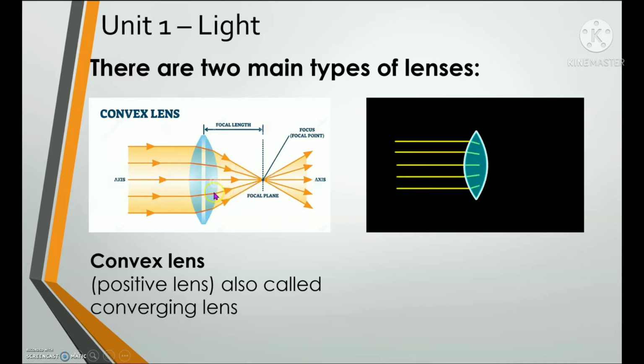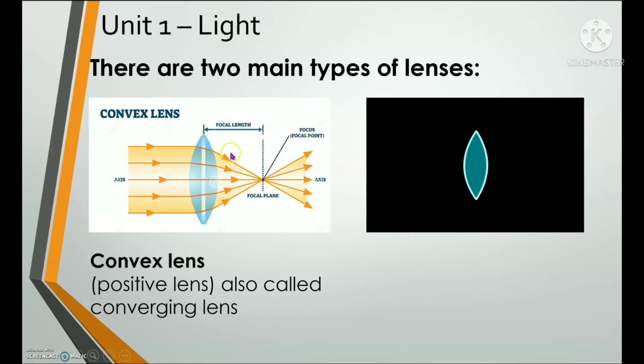Okay, the lights bend inward to a single point, which is called a focal point. Again, when the light rays or the parallel lines enter or pass a convex lens, the light is bent, or converges, into a single point, which is called a focal point.